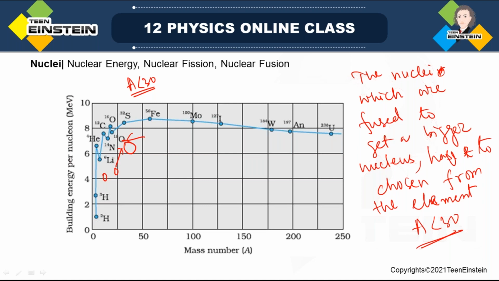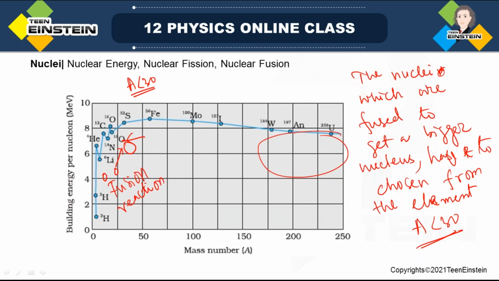In this range below 30 you can have a fusion reaction, and an enormous amount of energy will be released. But if you do fusion elsewhere, you have to supply energy for the fusion reaction to happen. But we need energy to be released. That is our idea.